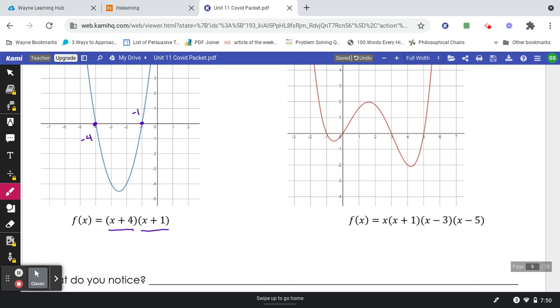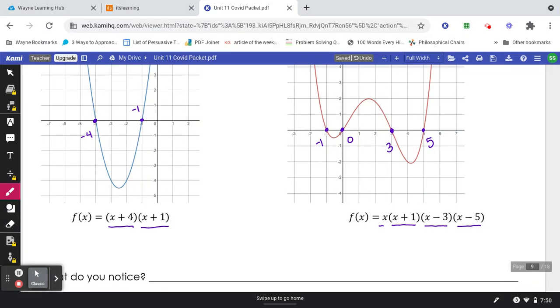Let's look at the other problem. I have a -1, a 0, a +3, and a +5. And down here, I have a +1, an x by itself, a -3, and a -5.